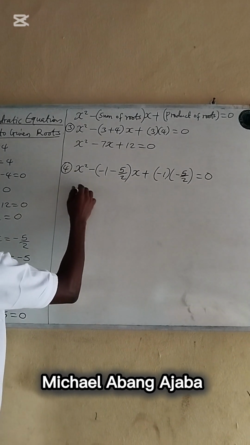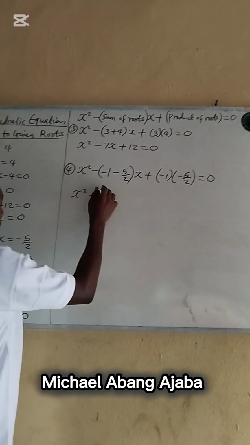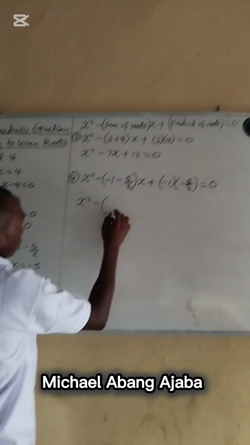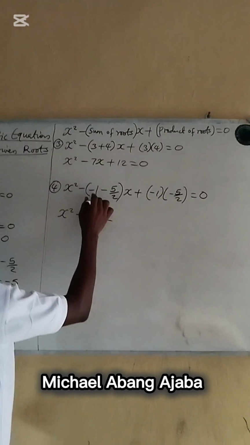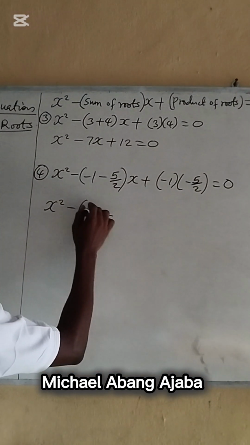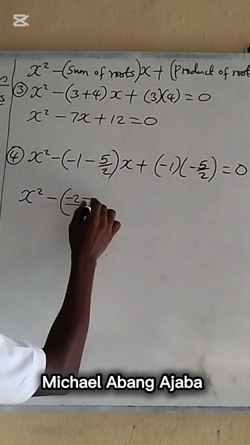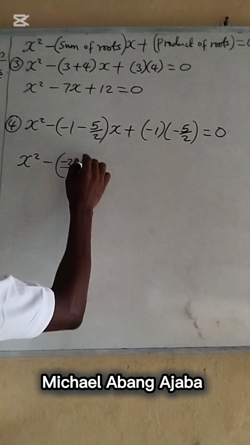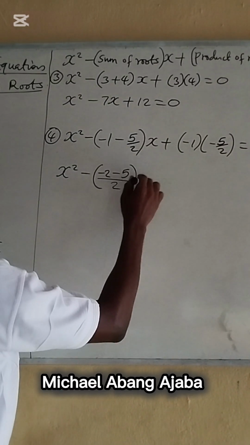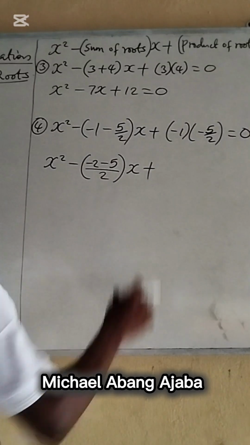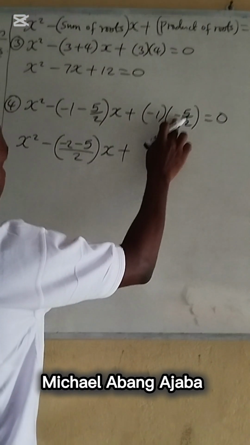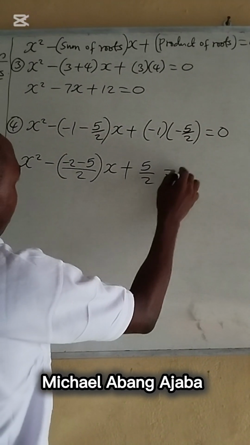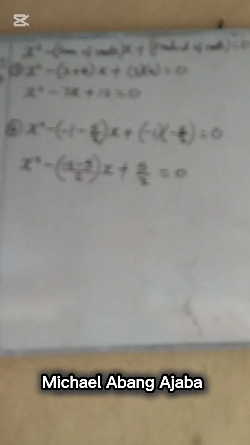Simplify this, x squared minus, what's the LCM of 1 and 2? 2. 2 divided by 1, 2 times 1. We have minus 2 minus 2 divided by 2 is 1 times 5. x. Multiply this, minus times minus is plus, so we have 5 over 2 equal to 0.